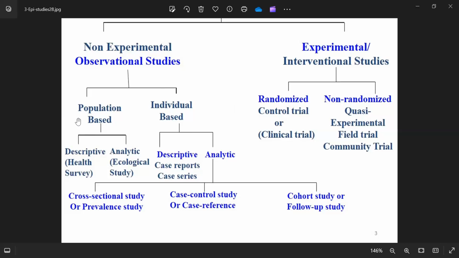Under this population-based category, we have the descriptive. From the word descriptive, you are only going to describe what you saw. An example is health surveys.